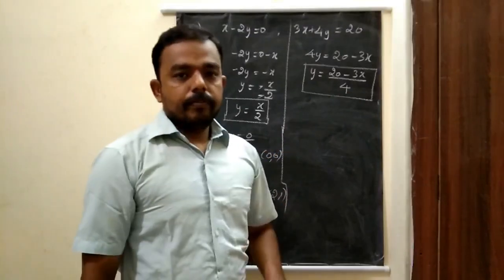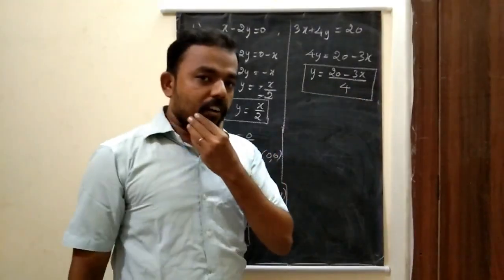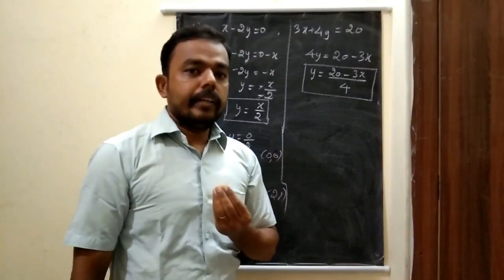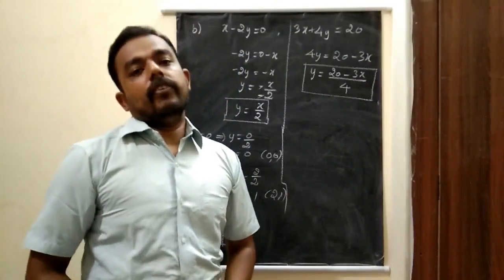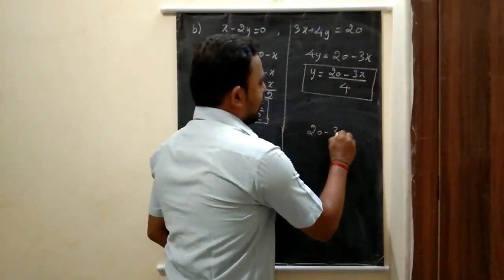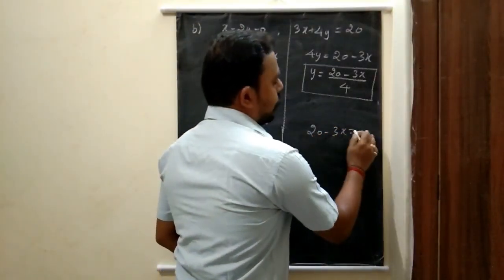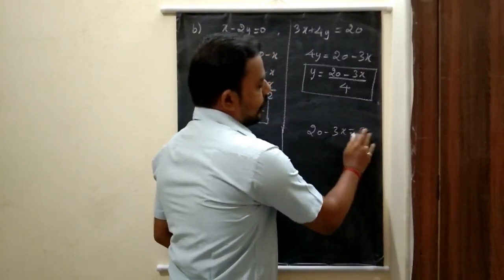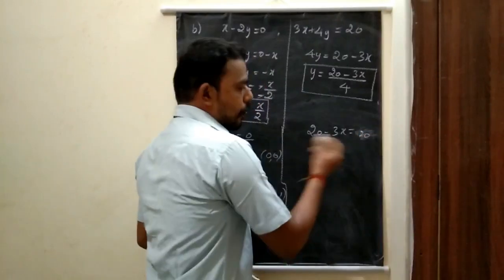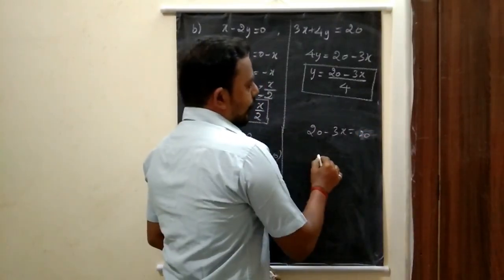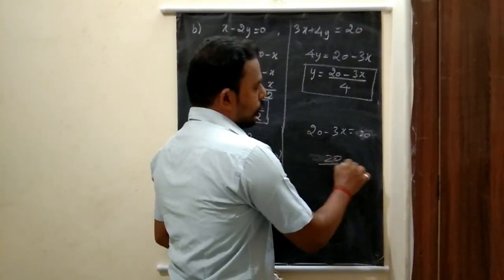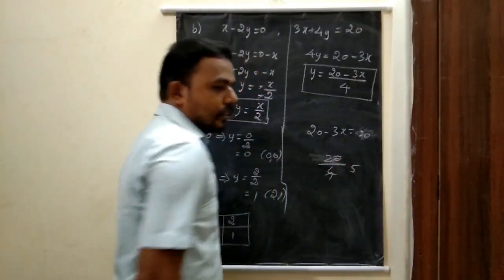Now think about this situation, divided by 4. In the numerator, what value are we going to substitute? That means we need to get a multiple of 4. So a multiple of 4 means 20 minus 3x should be 4 or 8 or 12 or 16 or 20, if possible. Instead of 20, substituting 20 divided by 4, we get 5.